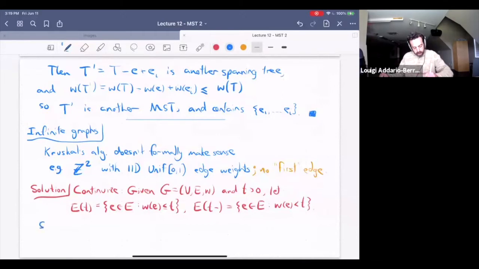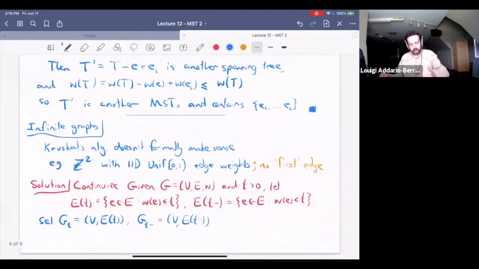I think I already used this notation earlier when talking about locally finite graphs for Prim. Now write G_t for the graph with edge set E_t, and G_t^- for the graph with edge set E_t^-. What would Kruskal's algorithm say if we imagine continuously varying the parameter just before time t?